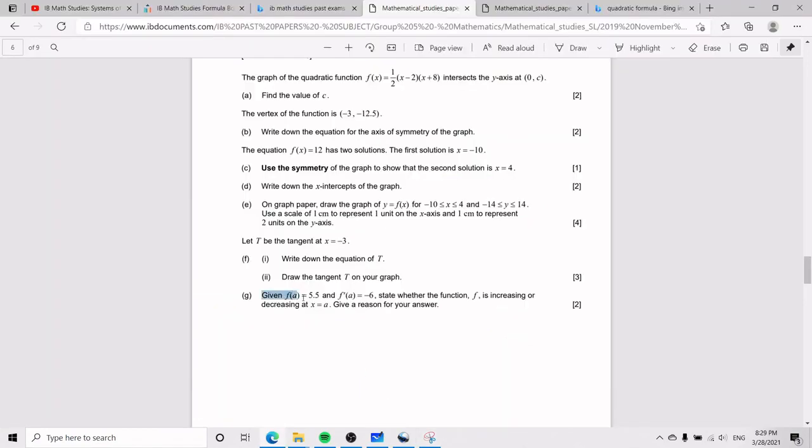Part G, they give us that f of a, which is a whole new formula, is 5.5, and the derivative of f of a is negative 6. I'm going to state whether the function f is increasing or decreasing at x equals a, and give a reason for the answer.